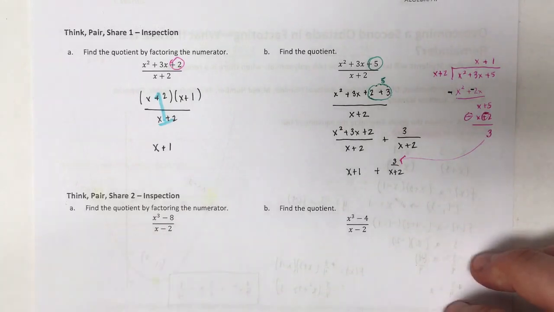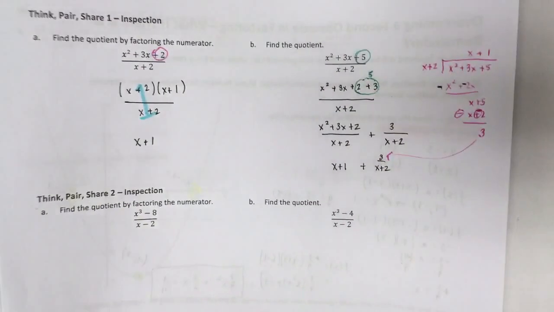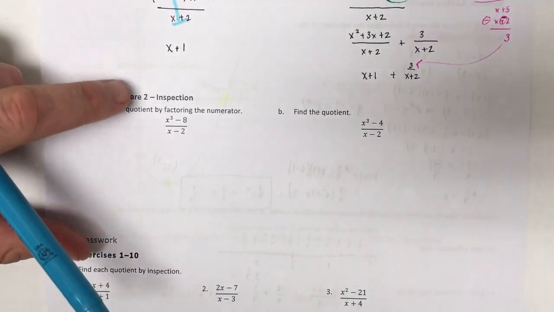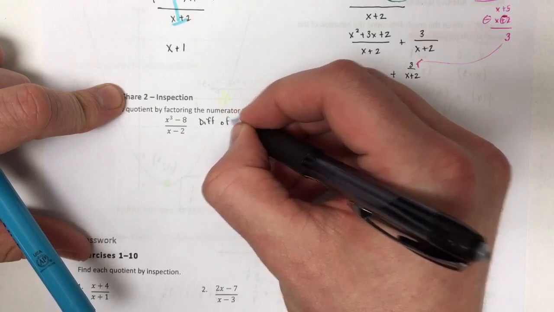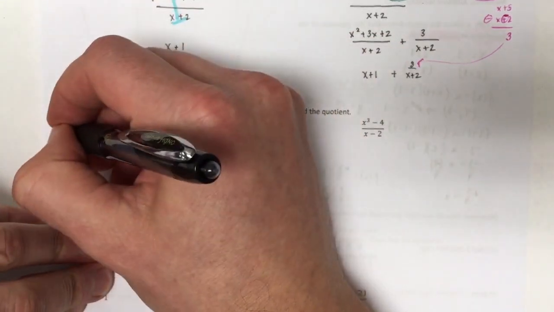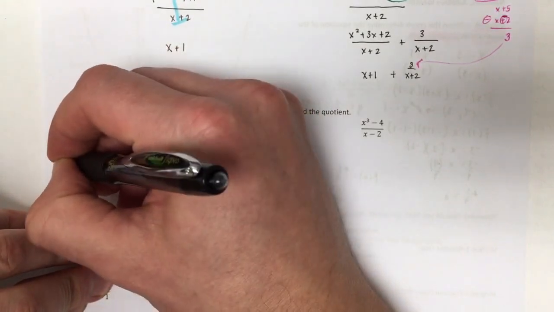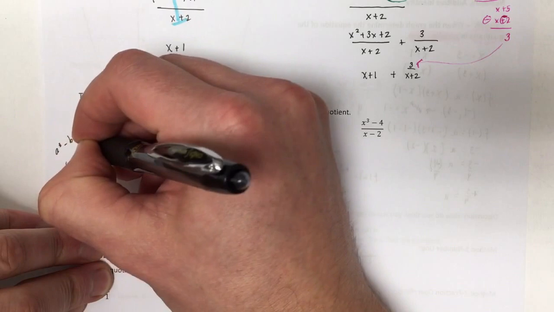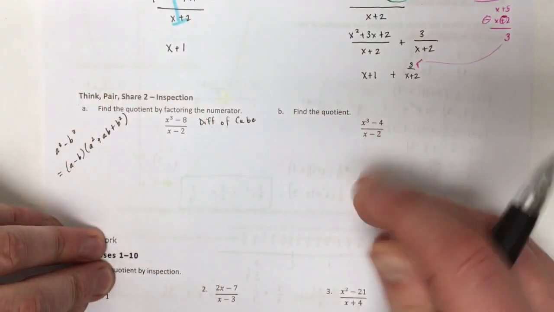Okay, so hopefully that squashes any concern you may have. The next one, find the quotient by factoring the numerator. What I would notice is this is a difference of cubes. It has a special form to it. Difference of cubes is a cubed minus b cubed, and that equals a minus b times the quantity a squared plus ab plus b squared.